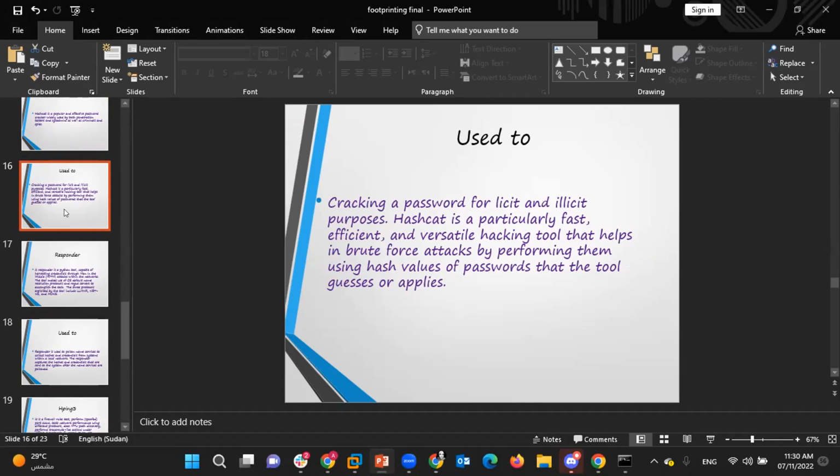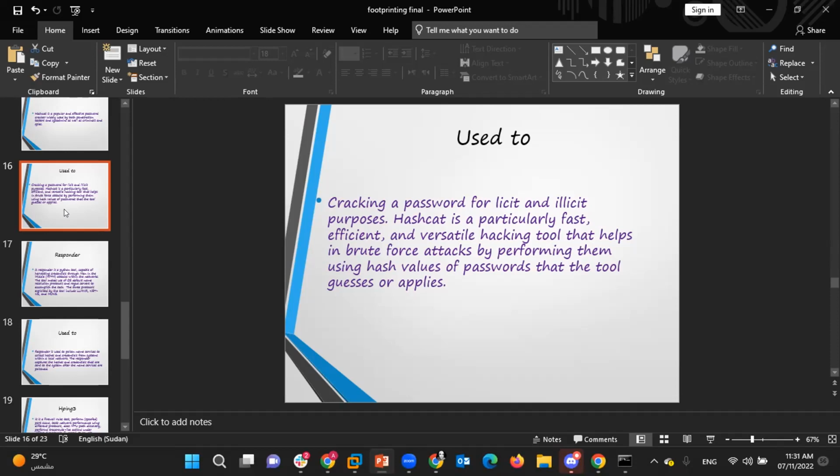Hashcat is a particularly fast, efficient, and versatile hacking tool that helps in brute force attacks by working with the hash values of passwords that the tool guesses or applies.